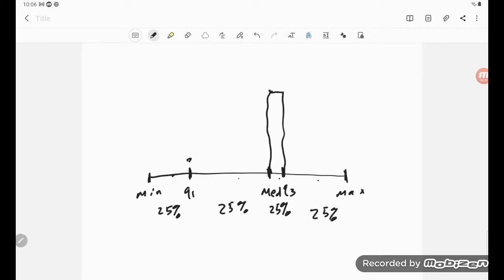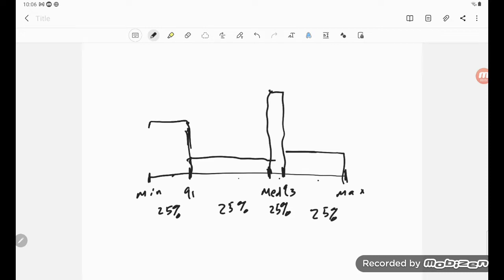And this is going to be the shortest because, again, if I want 25% of the data, so the same area, it's going to have to be short. And then this one is not as short. And this one seems like it should be the second tallest.